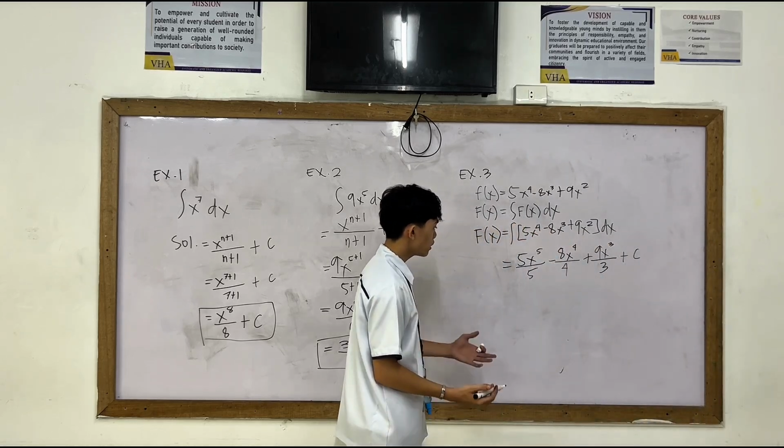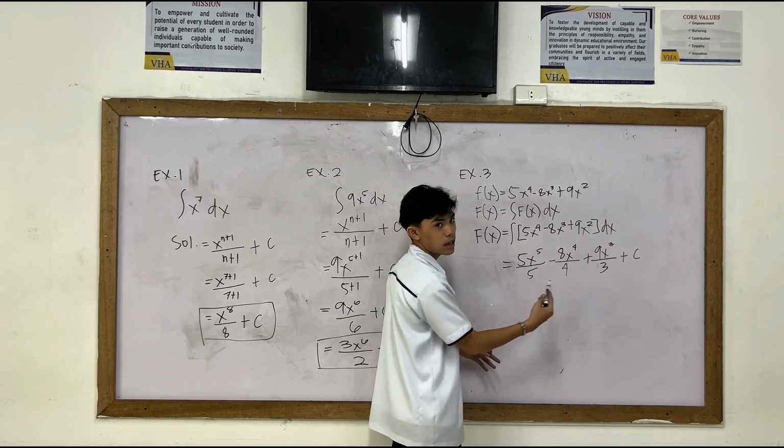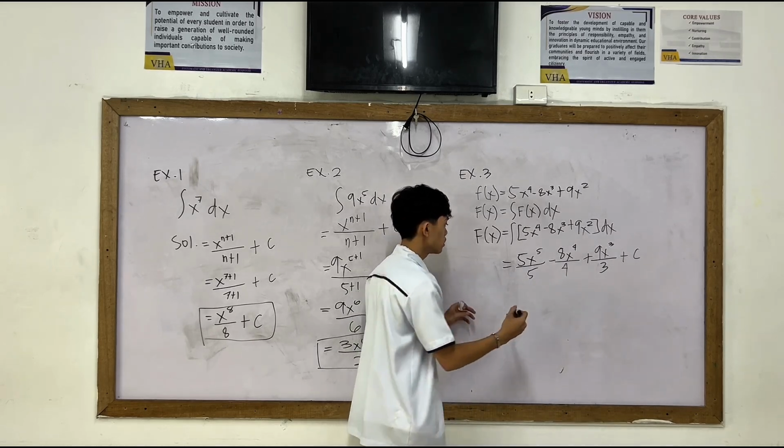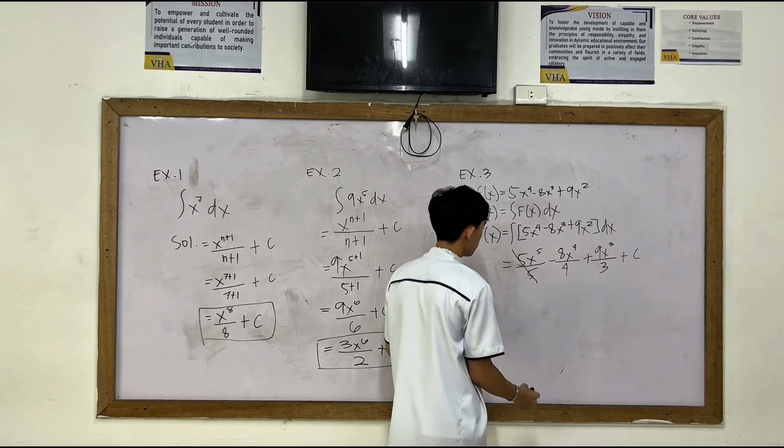So to simplify this, we know that this has the simplest form. So 5 divided by 5, so we can just cancel this one.